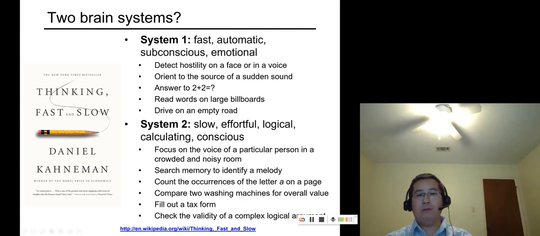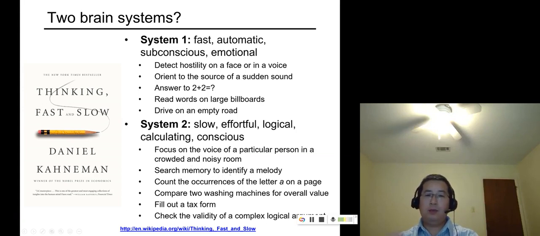We have effort, okay? So can we say a computer has effort? Okay, make it run all the time. But we can adjust our strategy, okay? We don't need to follow an algorithm. Okay, we can focus. Search memory to identify a melody, like these things.